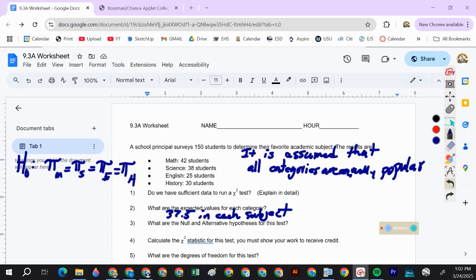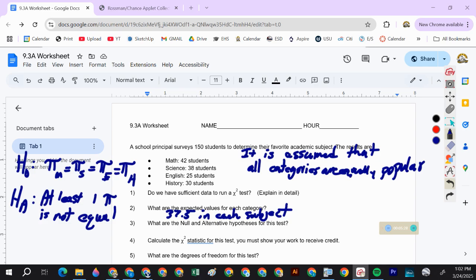So that's the first half for number 3. And then what about the second half? At least one is not equal. So that would be at least, I guess, well, I think the book said 1 pi is not equal.